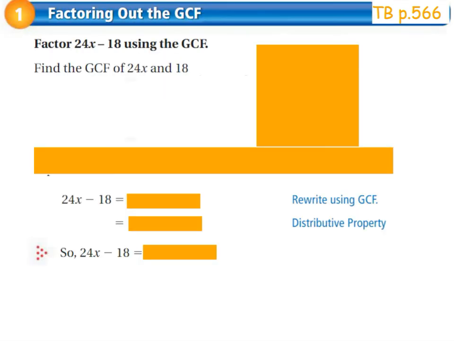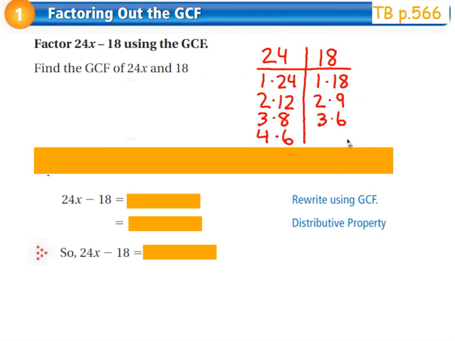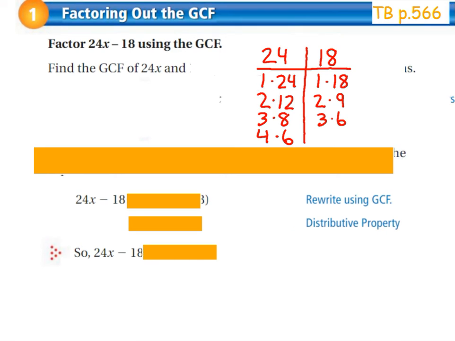So, factoring out the GCF, I have the problem in example 1, 24x minus 18. We want to find the GCF. So the first thing, of course, that we do is list the factor pairs in a t-chart. Then I'm going to identify the numbers that are the same. So I have 1, 2, 3, and 6.